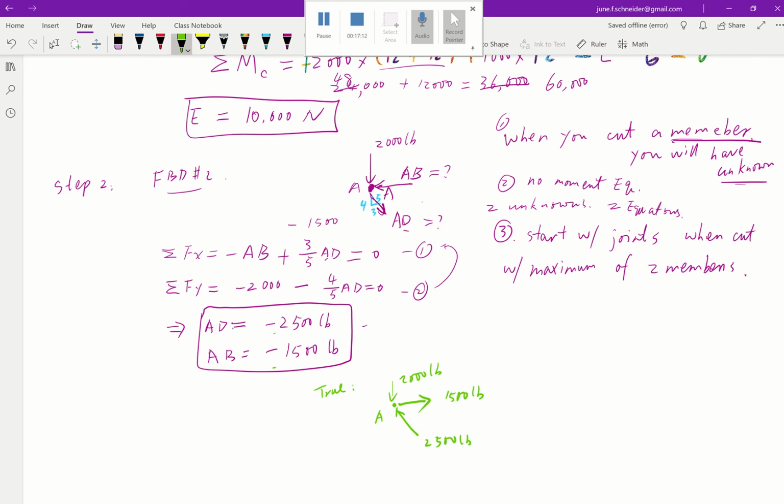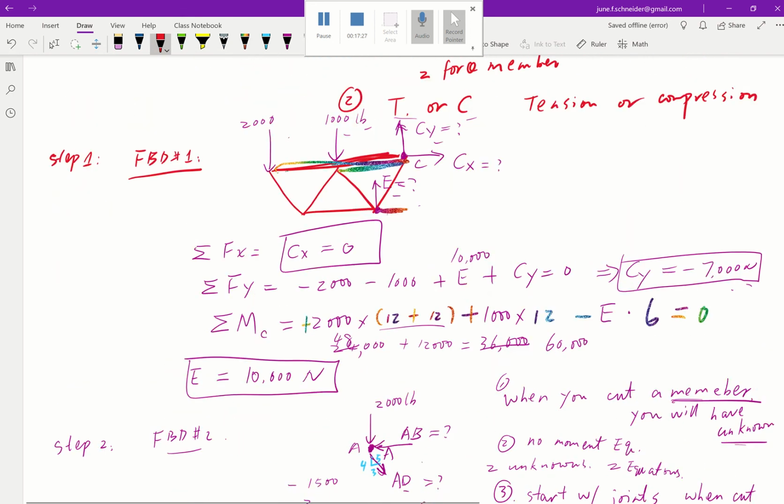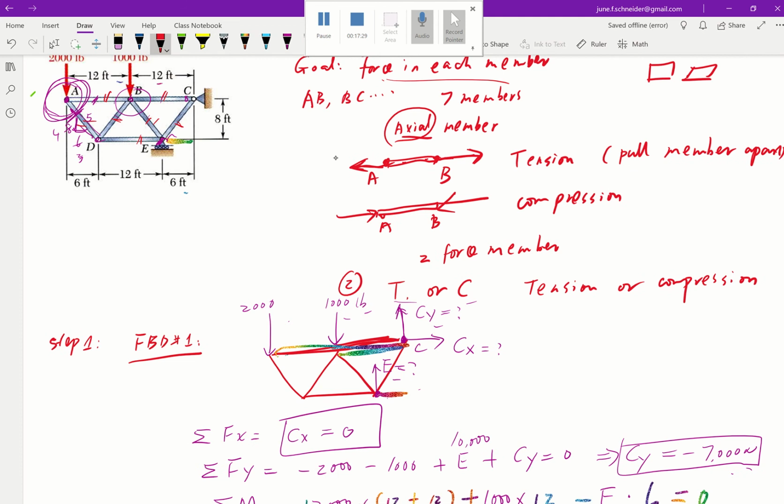Now let's think about it. Here you're going to use Newton's third law again. Newton's third law: an action has an equal but opposite reaction. So think about where this force is coming from. Which member is pushing into the joint A? That's from AD, right? AD is pushing into the joint A. Now, joint A is going to do what?